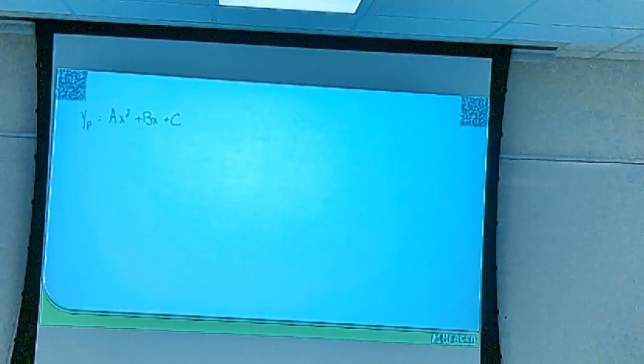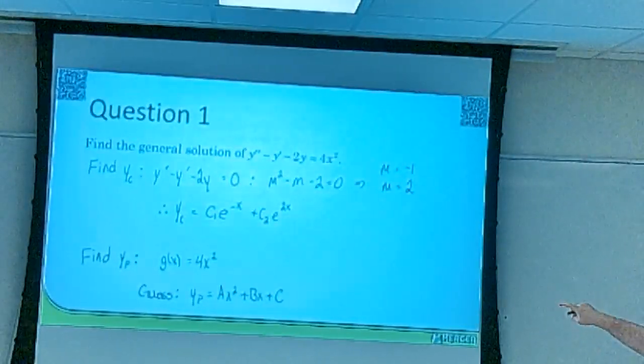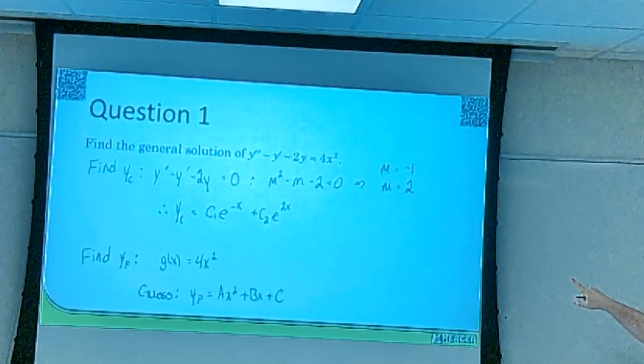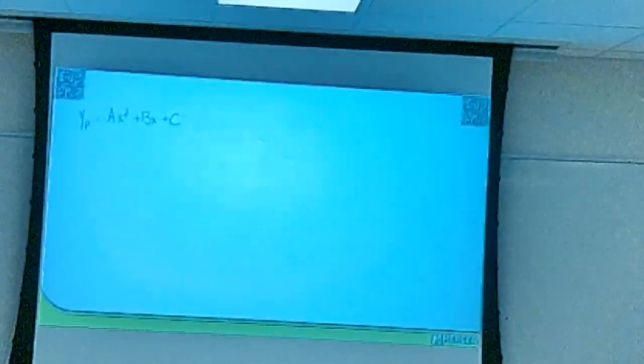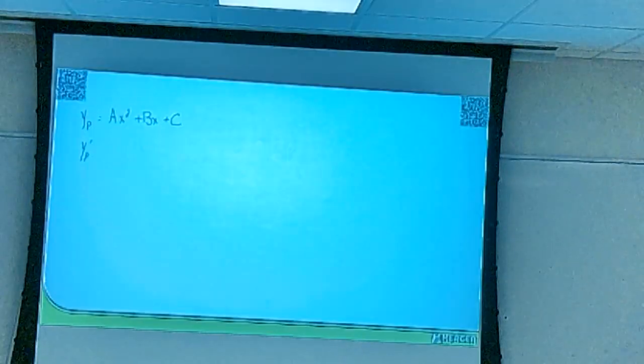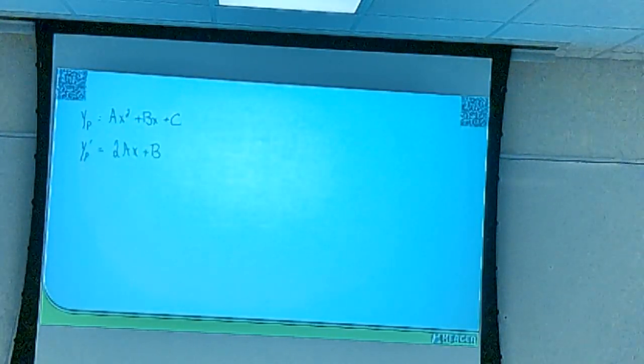You can either do this by hand or using technology. Let's start by hand. Our differential equation is second order, right? So we need the first and second derivatives. What's yp prime? It's 2ax plus b, right?